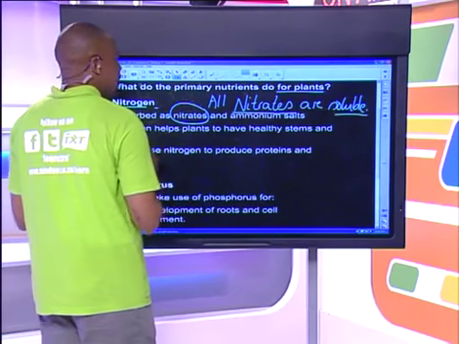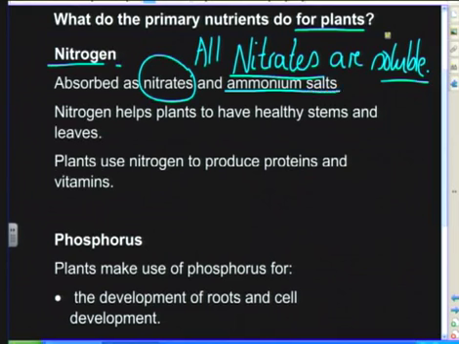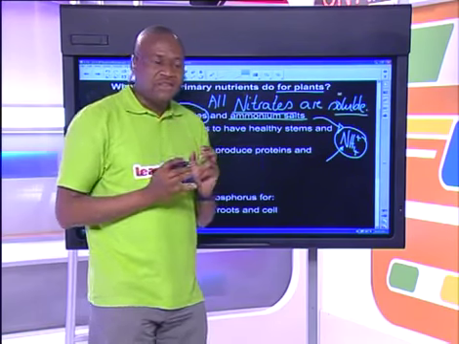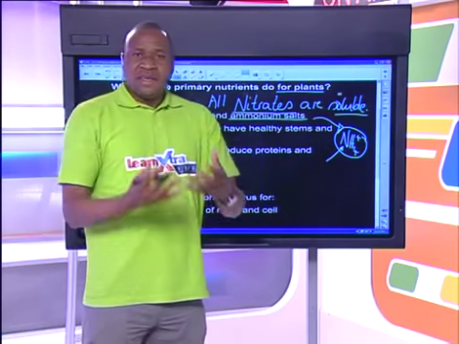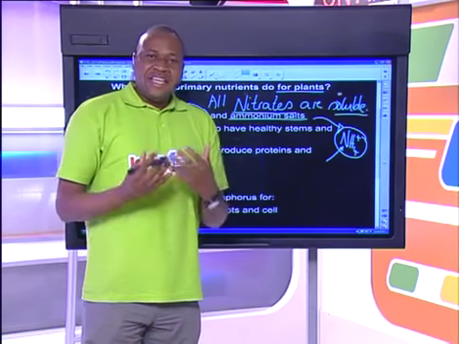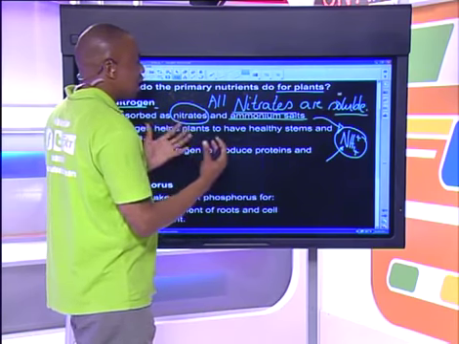So all nitrates are soluble, and when we look at ammonium salts, for example, ammonium salts will contain this. So already you can see that the nitrogen, which is your primary nutrient, is part of that complex ion, NH4. So these ammonium salts are absorbed as well by plants when there's enough water in the ground and it has dissolved there.